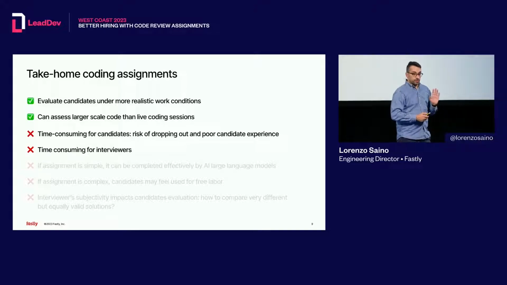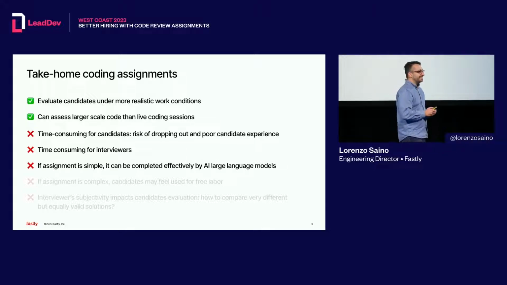These processes are also time-consuming for interviewers, not only for candidates, because interviewers also need to spend time reviewing code produced by candidates, which takes a substantial amount of time. We talked about AI today, and I'm going to talk about AI again: if you give candidates assignments which are simple enough, these can be effectively completed by AI, large language models.